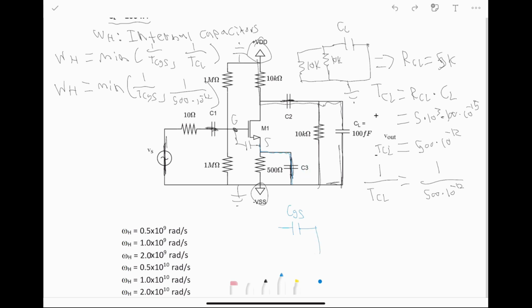So one lead goes to ground. The other lead goes through a 1 meg resistor to ground, another 1 meg resistor to ground, and a 10 ohm resistor to ground, all in parallel. So that's a 10 ohm, 1 meg, and then another 1 meg.